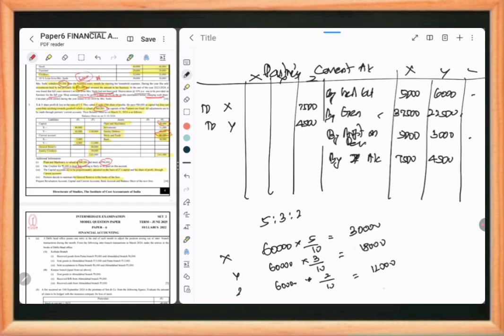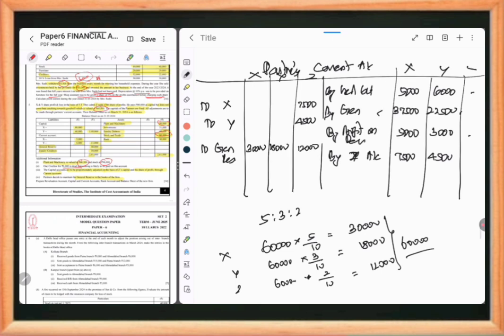So nearly 60,000 rupees. So you have to show reserves and surplus, sorry, it is general reserve. Both are the same. So general reserve: 30,000, 18,000, 12,000. That's all.